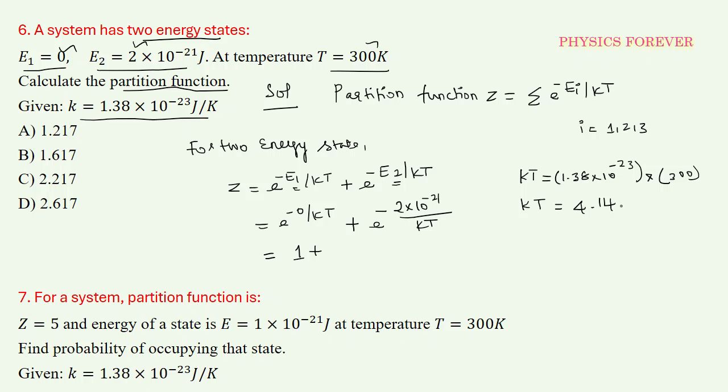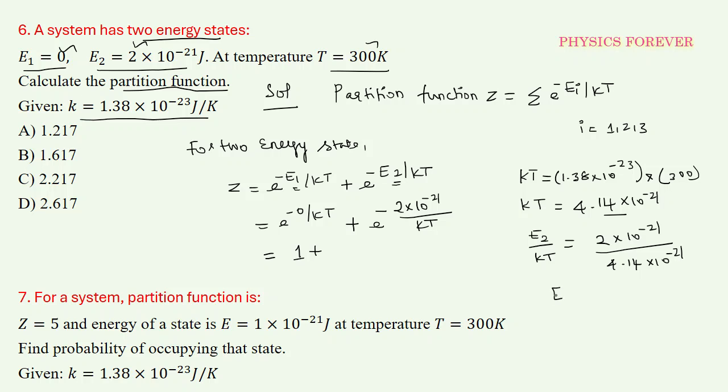kT is 4.14 into 10 power minus 21. Then 1 plus e power minus E2 by kT. What is the E2 value? 2 into 10 power minus 21 divided by kT, 4.14 into 10 power minus 21.